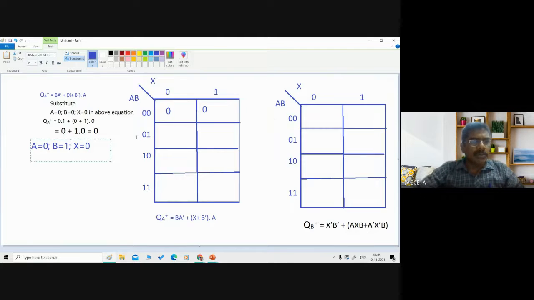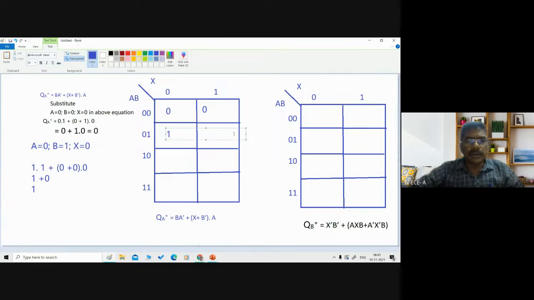What is B? B equal to 1, so 1 into, what is A dash? A dash also 1, plus X, which is 0, plus B dash. B equal to 1, so B dash equal to 0, into A equal to 0. So here we will get 1 into 1 is 1, plus 0 is equal to 1. So I put here the value 1.